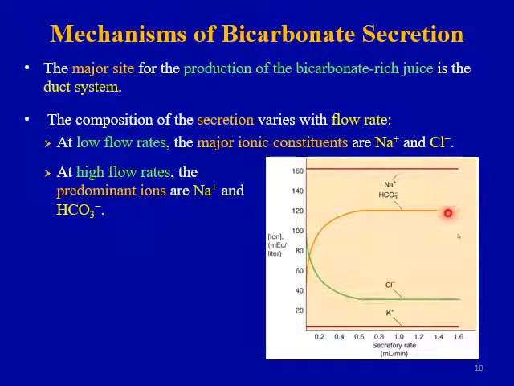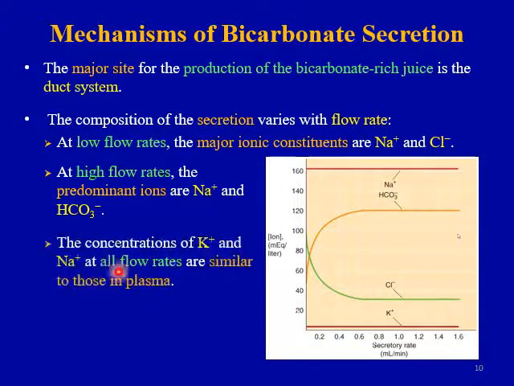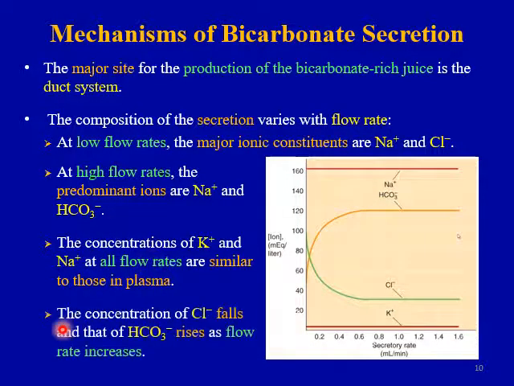The concentrations of potassium and sodium at all flow rates are similar to those of the plasma, as we can see here. They are stable and equal to their respective concentrations in the plasma. The concentration of chloride falls and that of bicarbonate rises as flow rate increases.